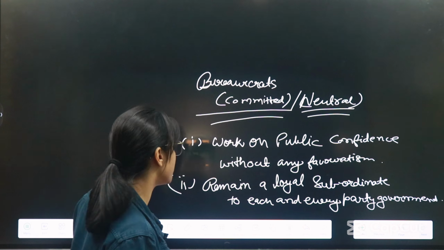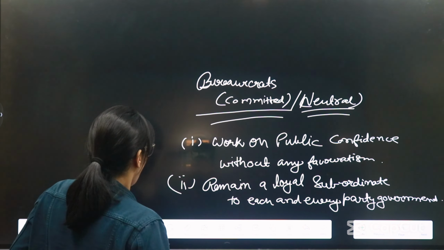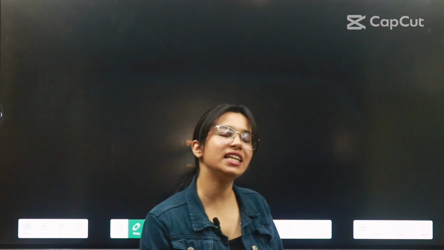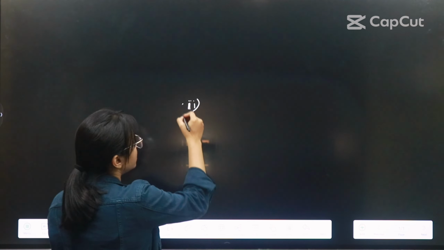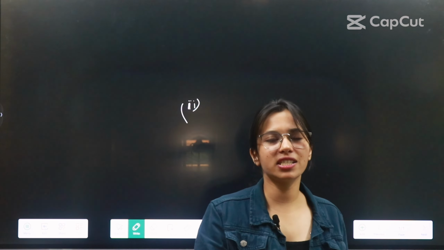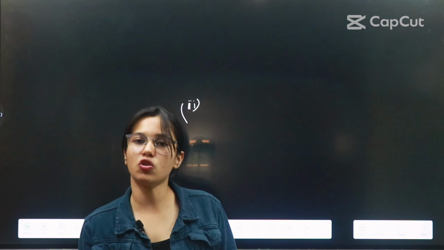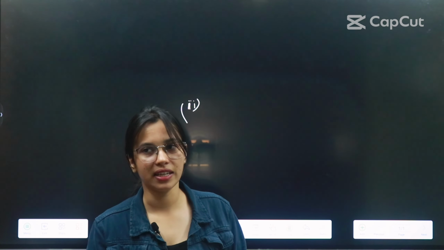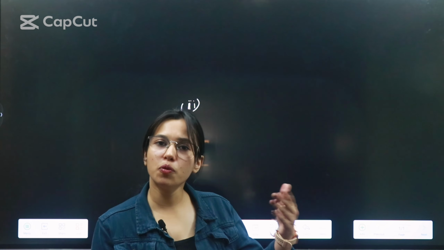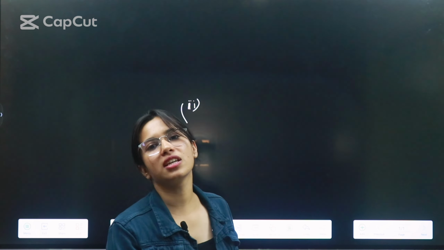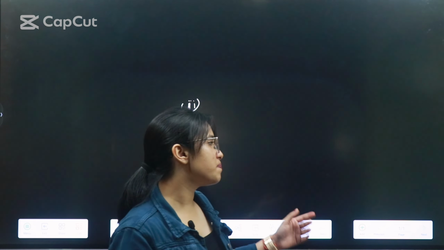And the third most important feature of a politically neutral bureaucrat is that the recruitment process should not involve any kind of favoritism by any political orientation, by any political party. We already know that public administrators are recruited by competitive exams, either through UPSC or SSC or any other subordinate exams, State PCS, right.